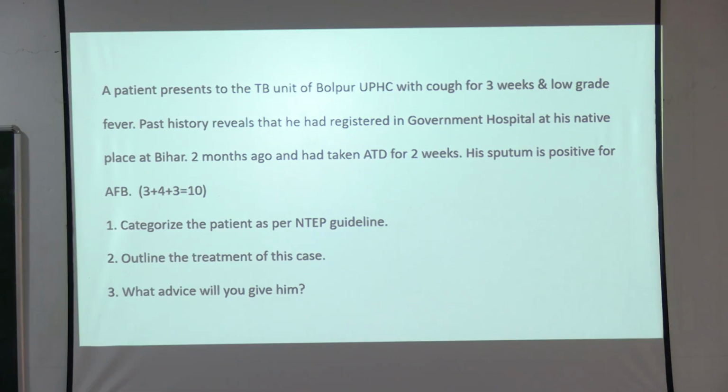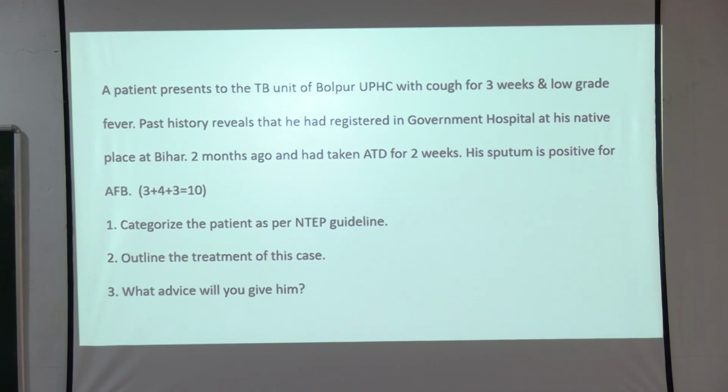The patient started ATD in his native state and took it only 2 weeks, that means 14 days. Then he probably came to West Bengal for work, and when he got sick with some symptoms, he came to Bolpur UPHC and was diagnosed as sputum positive AFB.